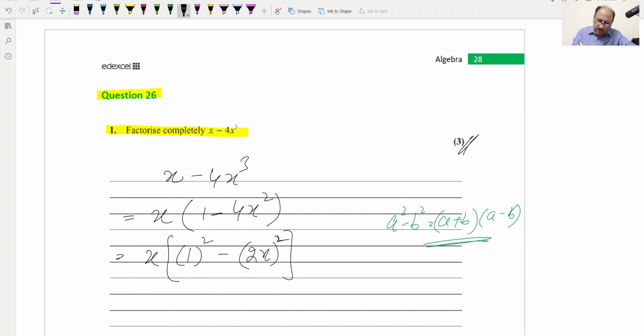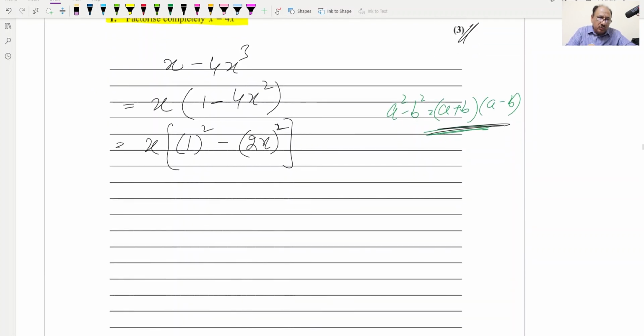This one I have rewritten this inner portion, and now we can apply this formula in this inner section. And a is 1, b is 2x, so we can write x into a plus b, so 1 plus 2x and 1 minus 2x. This will be our final answer for 3 marks part.